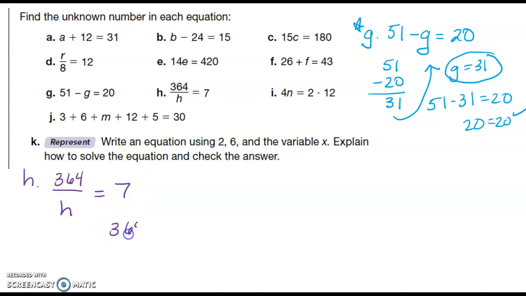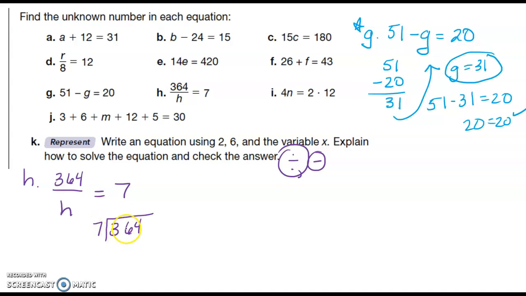So what I'm going to do is divide this by 7 to find out what H is. So this is another one of those where division and subtraction are weird. So when you see division or subtraction, you're going to have to think twice. Addition and multiplication are always the same as far as solving for an unknown.